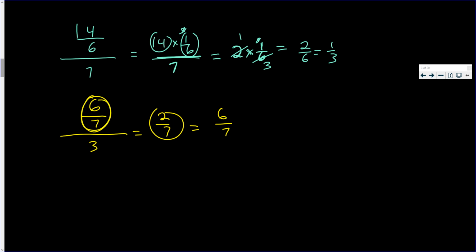It's the top number we keep. We change division to multiplication, and this bottom number 3 is 3/1, so I get to multiply by 1/3. So basically, yeah, we're dividing the 6 by the 3. 3 goes into 6 2 times. We get 2/7.